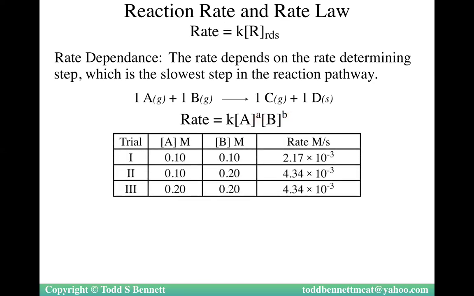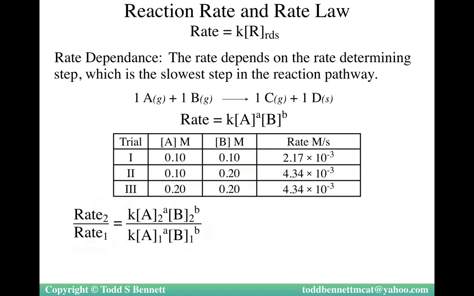So I'm going to run two trials. I'm going to look at the initial rate. The emphasis is that the rate you're seeing on the far right is what it initially is, because as the concentration goes down over time, the rate goes down. So the initial rate when I have 0.1 and 0.1 molar is 2.17. When I increase the B, notice the rate changed.